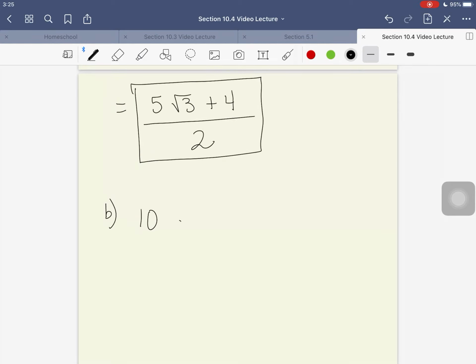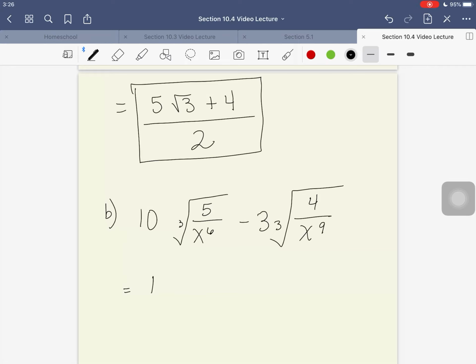10 times the cube root of 5 over x to the 6 minus 3 times the cube root of 4 over x to the 9th. All right, so first I'm going to separate this.